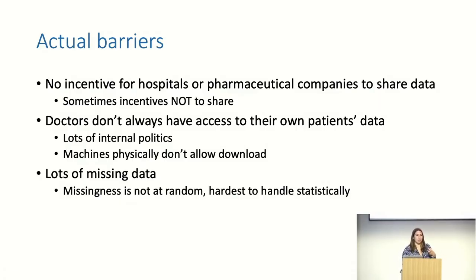So the content of the data that is missing is correlated to the thing that you want to learn, and that makes it mathematically hard to address. If you want to think about just the math problem, this on its own is a great problem: how to reconstruct missing not at random data. And even separate from healthcare, this appears all the time.